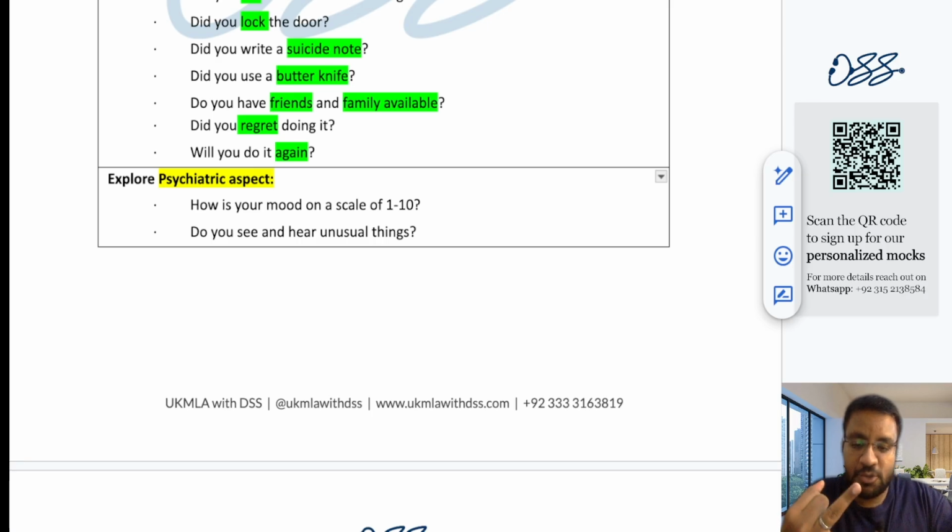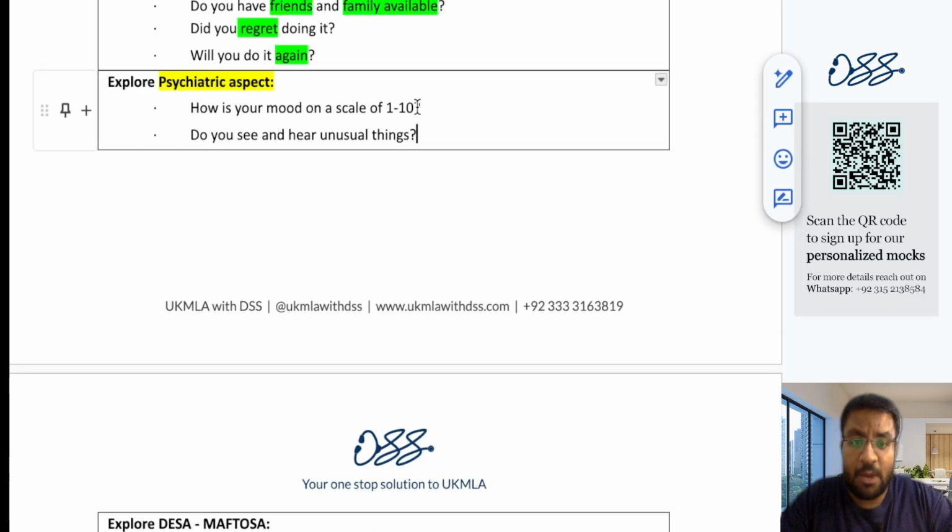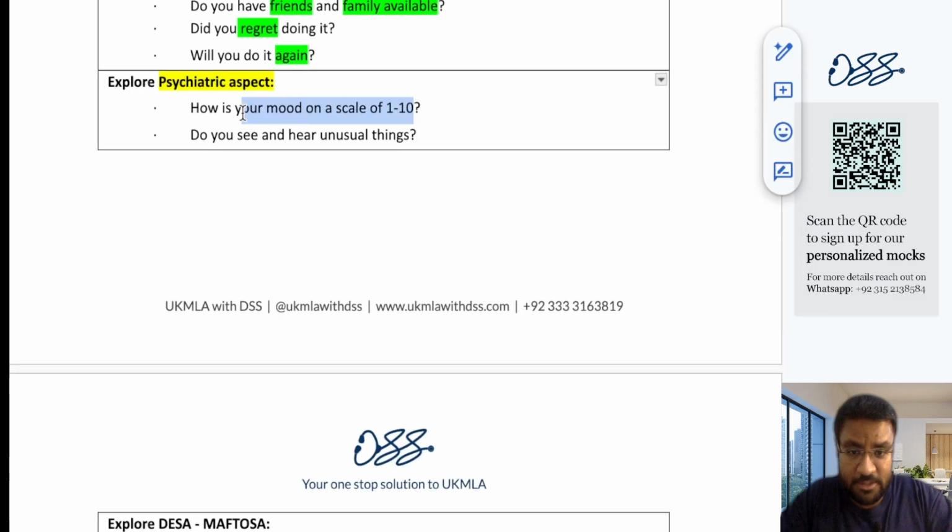So, like we discussed the hallucination part in detail in schizophrenia, and the mood part in detail in depression, we have discussed the suicide part in detail in this suicide risk assessment case. But the other two aspects need to be explored nevertheless. So you're going to ask, how is your mood on a scale of 1 to 10, with 1 being the lowest and 10 being the best mood that you have had.